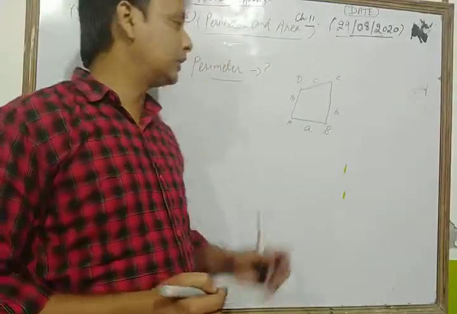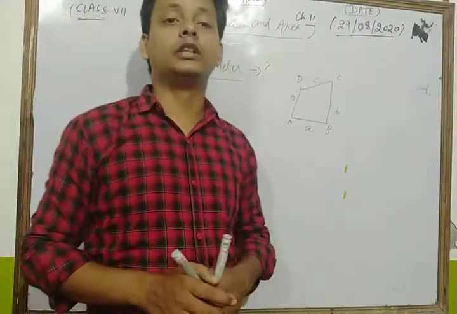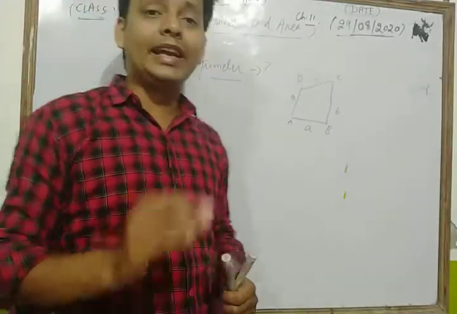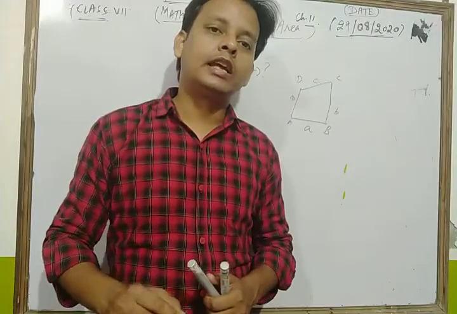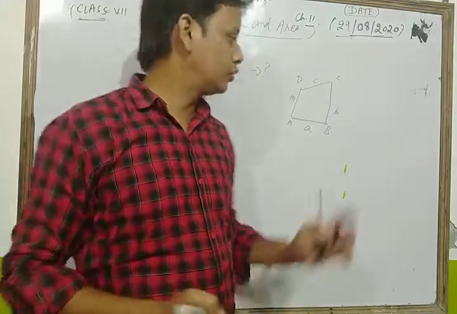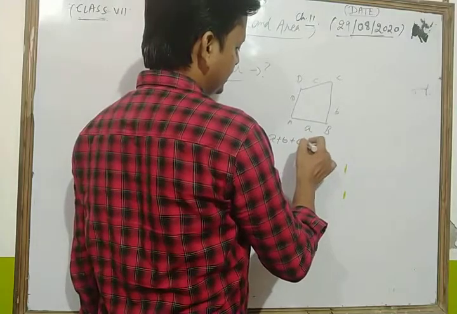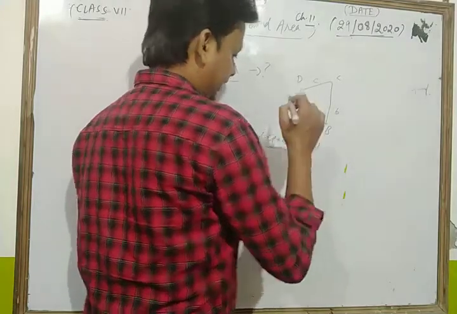The length of the outer boundary of any geometrical figure is known as its perimeter. So in that case, the perimeter will be A plus B plus C plus D.